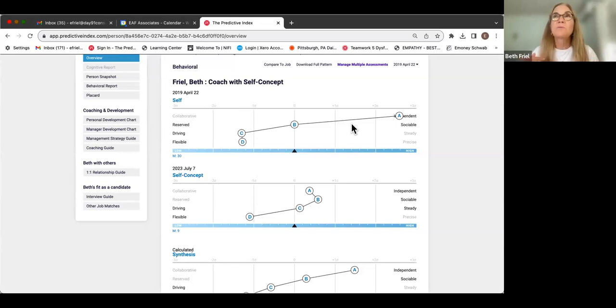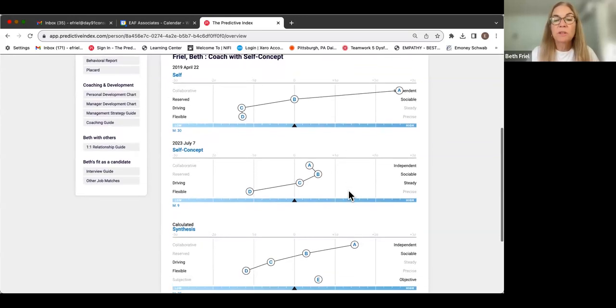And also, you know what someone's looking for. So a lot of times that second self, the second time you take it, looks just like the self-concept. Because it's like, ooh, they want me to take this again. I better do it for what I'm doing in my job so that I don't get in trouble. So that's why we use the first time that you take this, but you can match it up with a new self-concept.